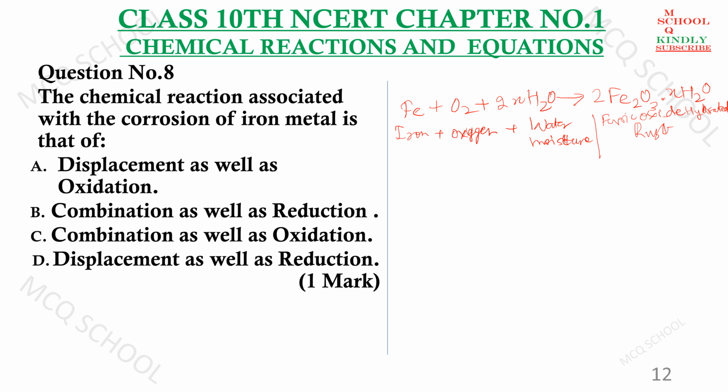So in this case, it is surely a combination reaction at first. As well as we know, because oxygen is adding to ferrous, it is also an oxidation reaction. So the answer is C, combination as well as oxidation reaction.